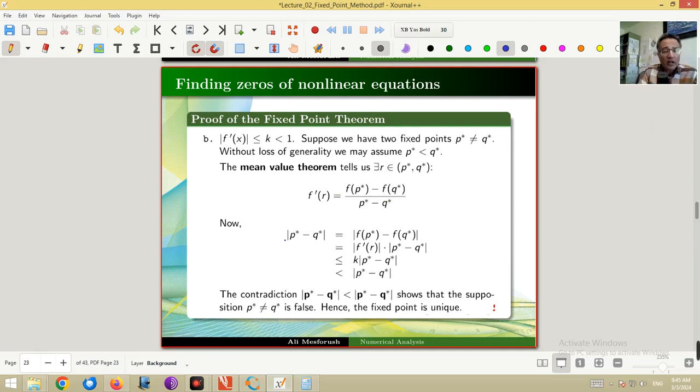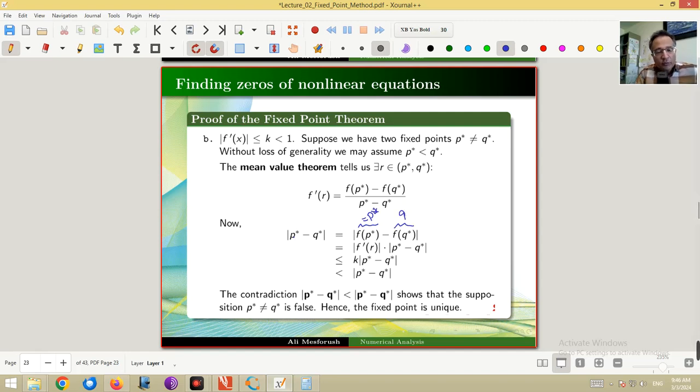Now, consider the absolute value of p star minus q star. It will be the absolute value of f of p star minus f of q star. This is true because we know f of p star equals p star and f of q star equals q star.